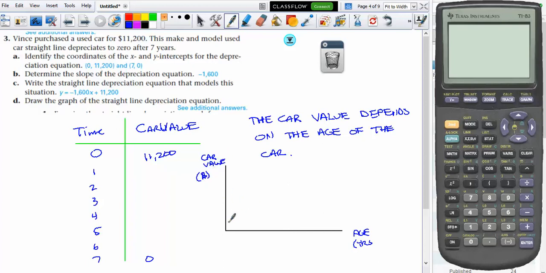Okay, so here we have year 0, and here we have year 7. Here we have the value at year 0 was 11,200.